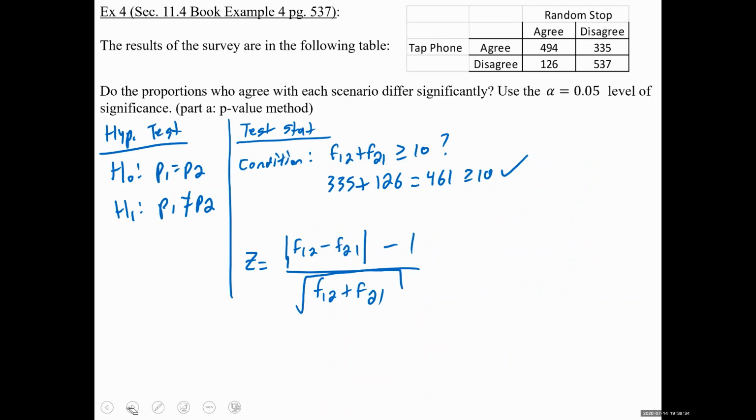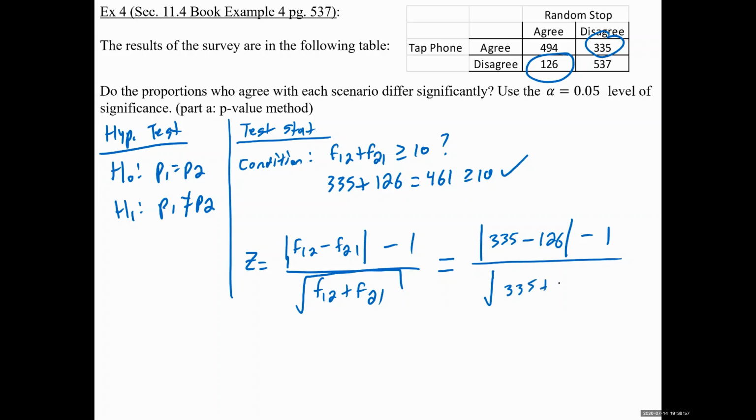All right, so now we'll plug this in. Absolute value. F12 is this, 335, minus F21 is this, 126, and the absolute value, minus 1. On the bottom, it's the square root of F12, the 335 again, plus 126, square root of that. So now you calculate this.